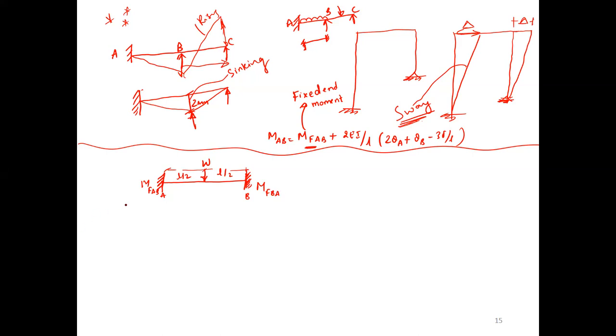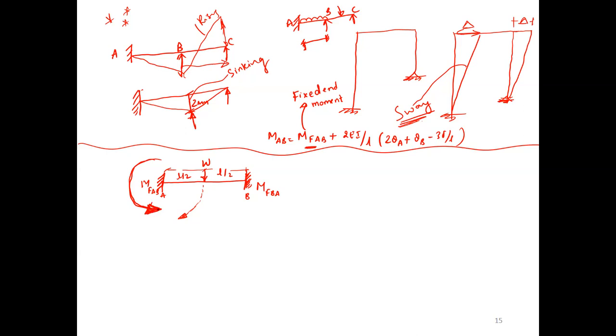Now just see, with respect to AB, how will W rotate? Clockwise or anti-clockwise? Clockwise. What is the resisting moment? Resisting means, if it is rotating clockwise, then the moment resisting from this side is what type of moment? Anti-clockwise.